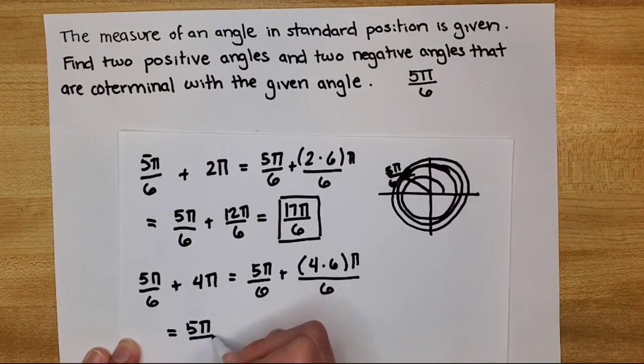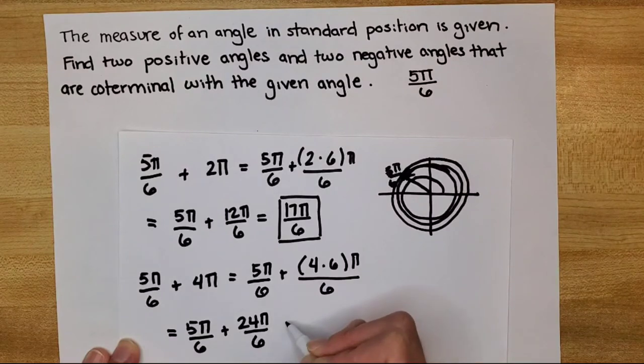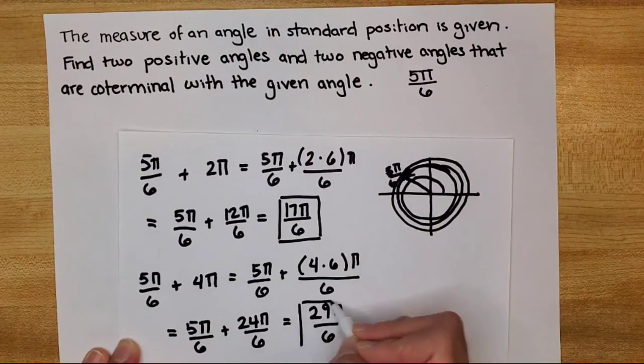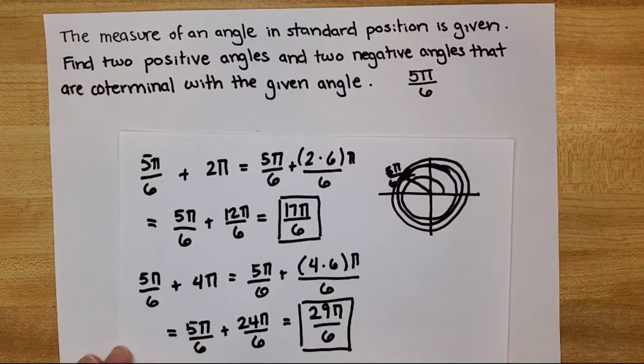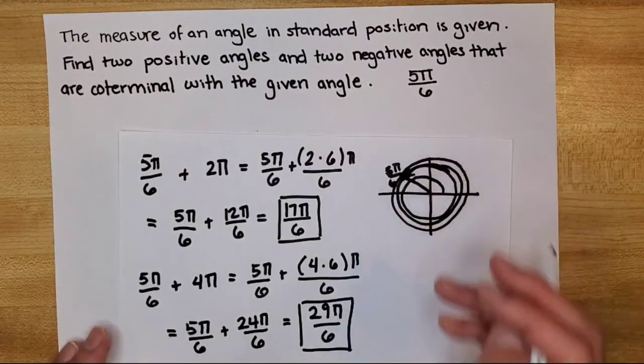So 5 pi over 6 plus 24 pi over 6, and that's going to give us 29 pi over 6. So those are our two positive coterminal angles of the value 5 pi over 6.